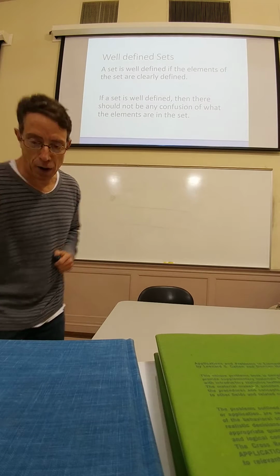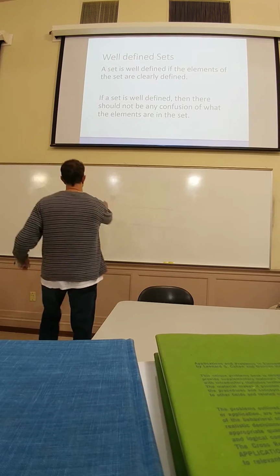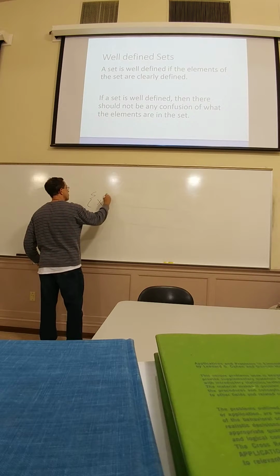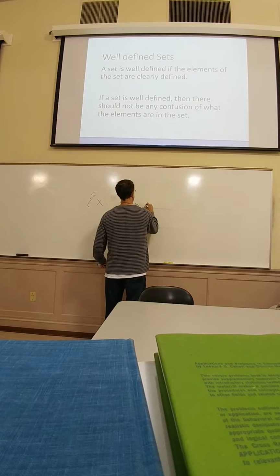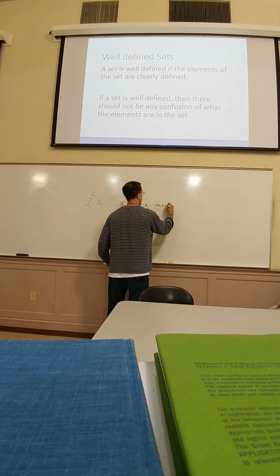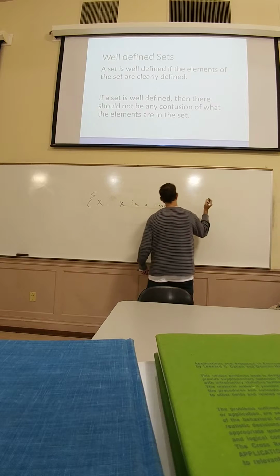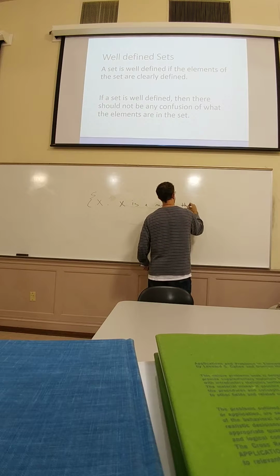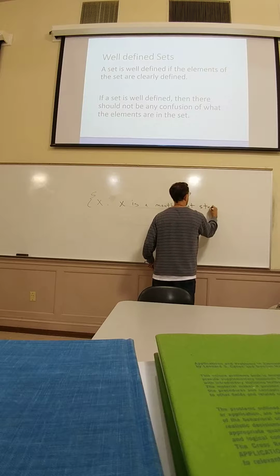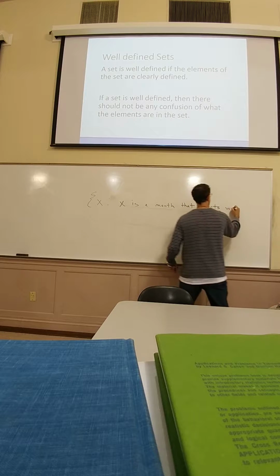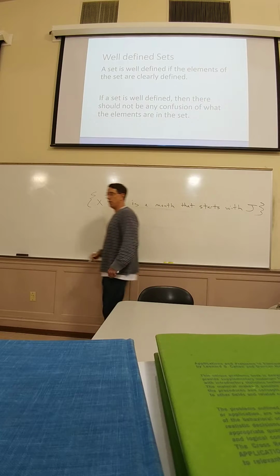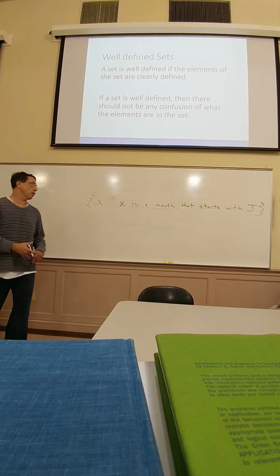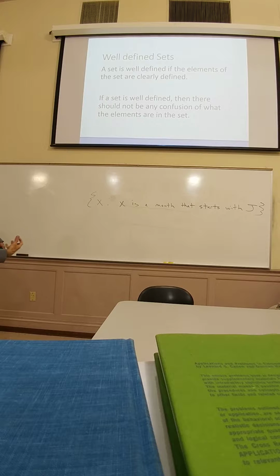For example, if I wrote x such that x is a month that starts with J, well, that's well defined. We know what those elements are: January, June, and July.